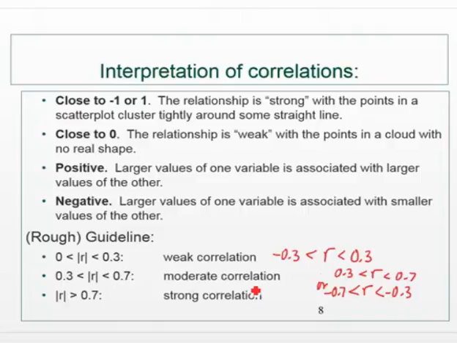So not too close to 0 and not too close to 1 or negative 1. And the strong correlation is if its magnitude is greater than 0.7, so that would mean R is greater than 0.7 or R is less than what? Right, negative 0.7. Then you say there is a strong correlation between the two variables.